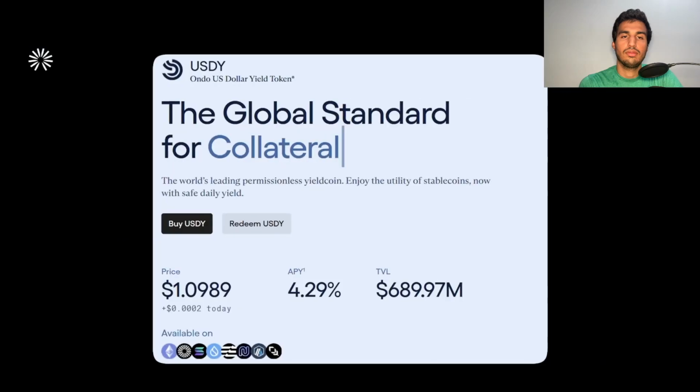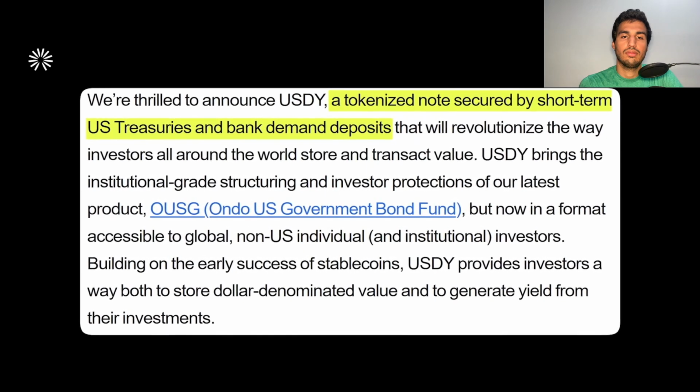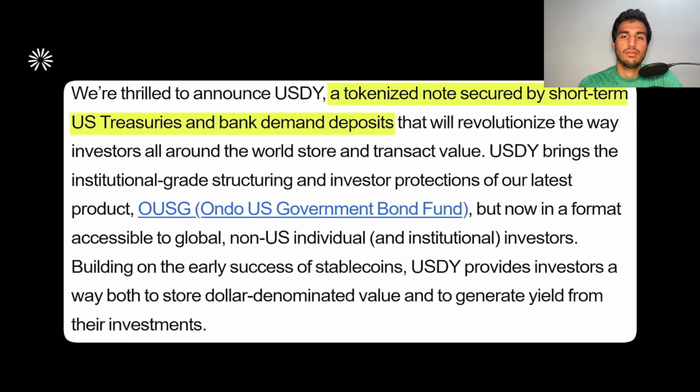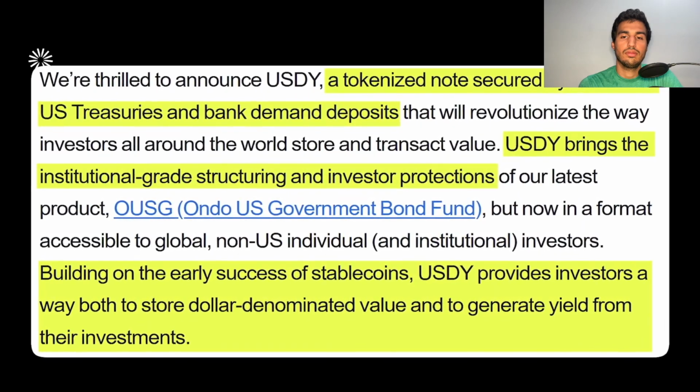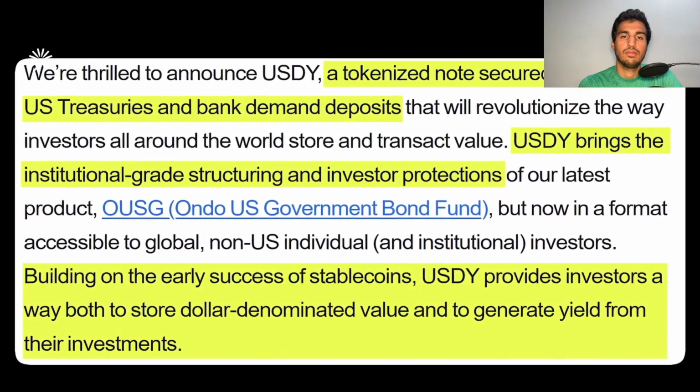We then also issued a second product. That one is called USDY. That one is, again, another meaningful innovation in the fact that it's a quasi-permissionless version of a tokenized treasury fund that resembles a stablecoin quite a bit, but it pays out yield and it has better investor protections, as previously highlighted.